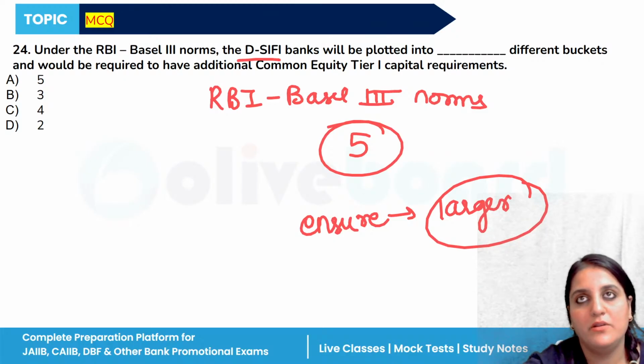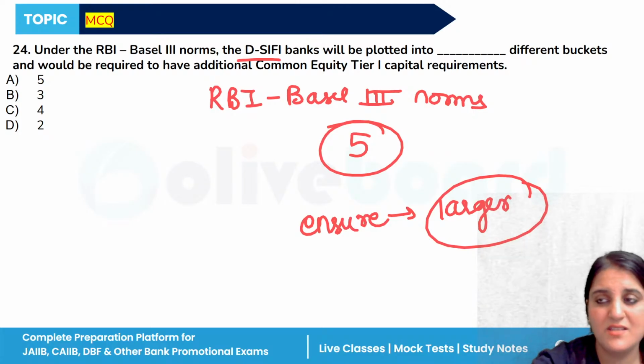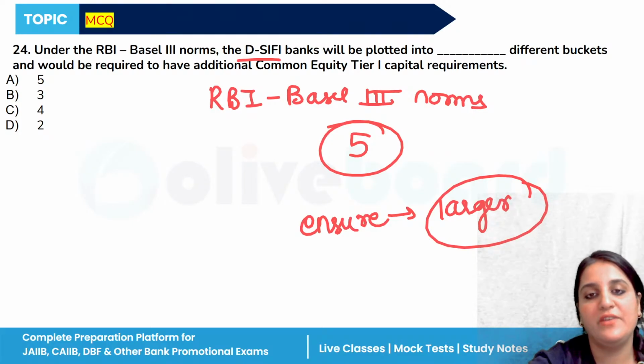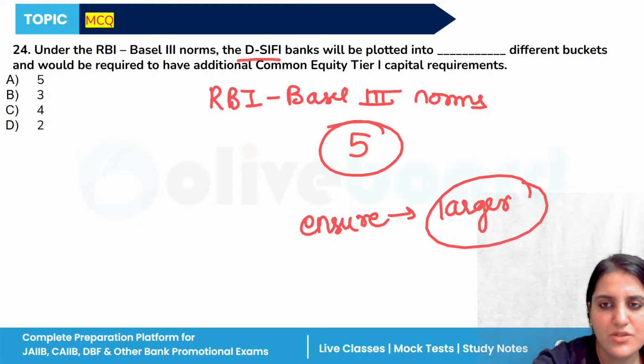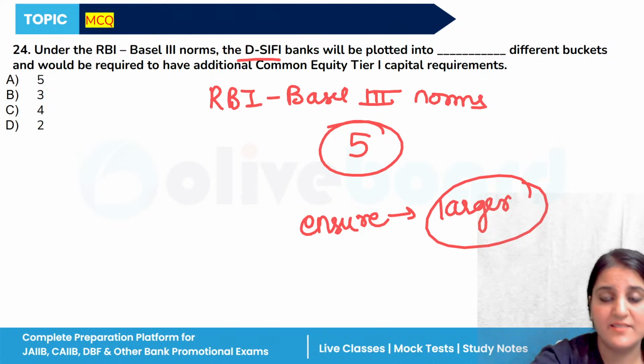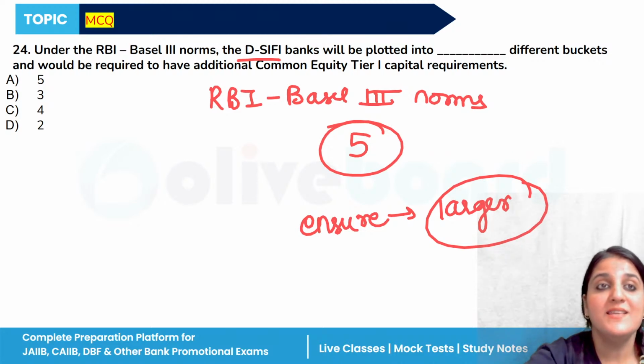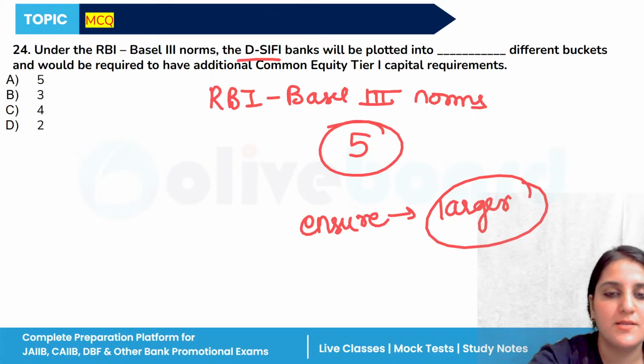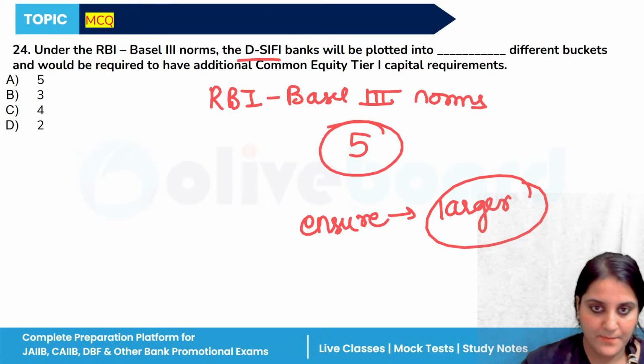And if we talk about D-SIFI banks, these are large financial institutions because, due to their size, complexity and interconnectedness, they could pose a significant risk to the stability of the financial system if they failed.